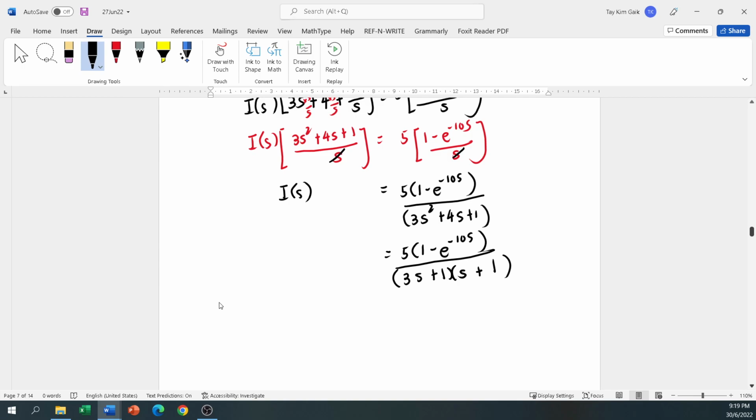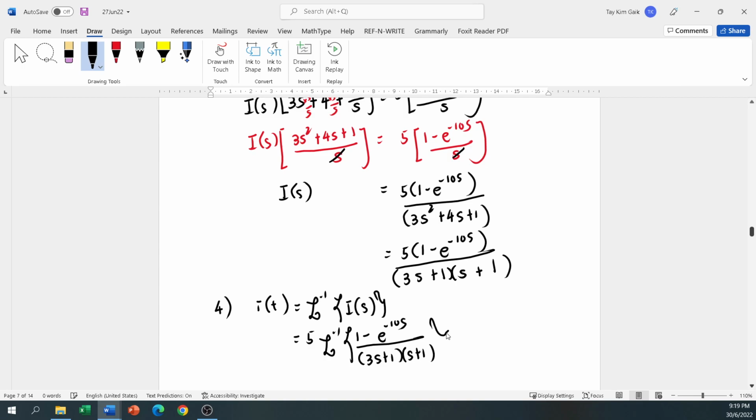The fourth step, taking the inverse Laplace, then we get i(t), which is actually the inverse Laplace of I(s), where we can factor out 5. Then the inverse Laplace of 1 minus exponent negative 10s over (3s plus 1)(s plus 1).